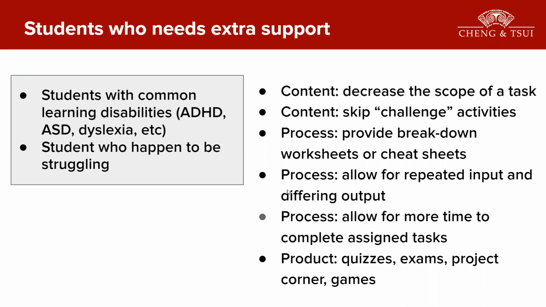Differentiated instruction can be carried out in these ways. In content, you can consider decreasing the scope of a task, or you may skip challenge activities. In process, you can provide breakdown worksheets or cheat sheets, or allow for repeated input and deferring output.